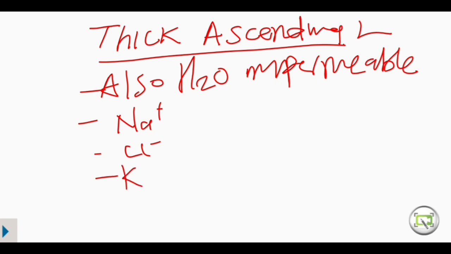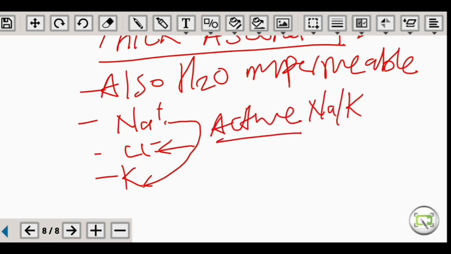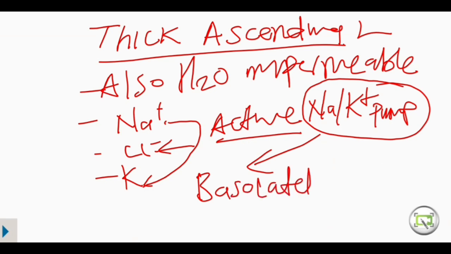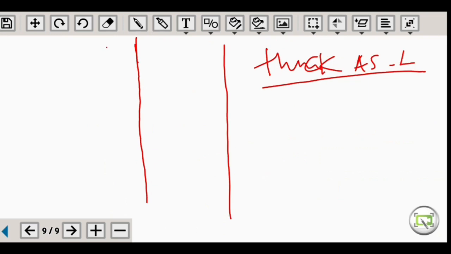This sodium potassium pump is located at the basolateral side of the tubule, which allows 3 sodium to move out of the cell, creating a chemical gradient. This chemical gradient causes sodium to go back into the cell, the sodium which is in the lumen, together with potassium and 2 chloride.